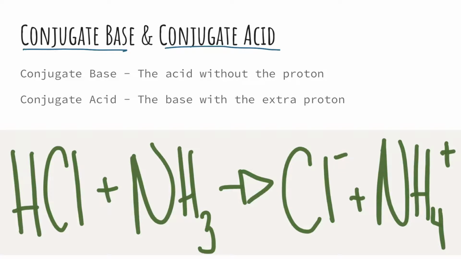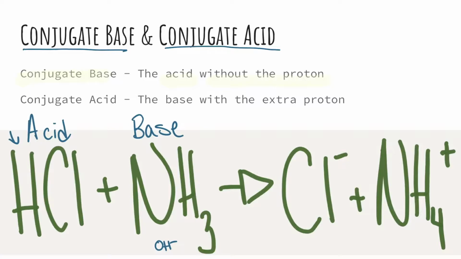So we know that the acid, first off, is the one with the hydrogen in front, and it's also the one that loses a hydrogen. And the base is going to gain a hydrogen. Sometimes it will have a hydroxide on it, but sometimes not. Then if we look over to our definition of conjugate base, the conjugate base is going to be the acid without the proton.